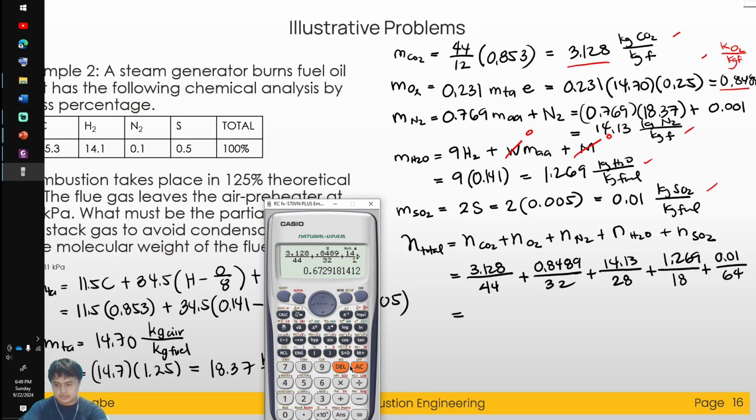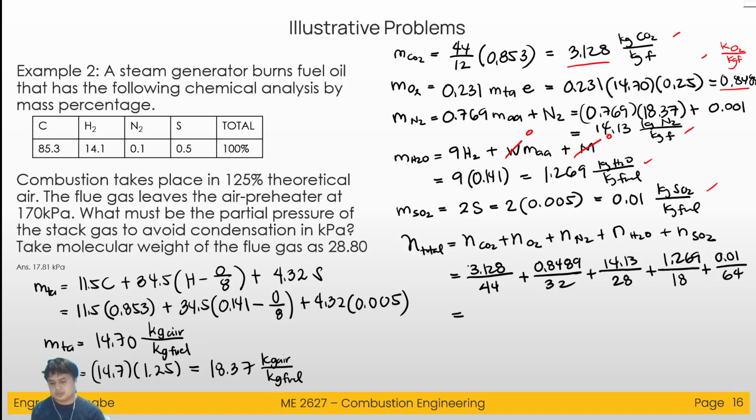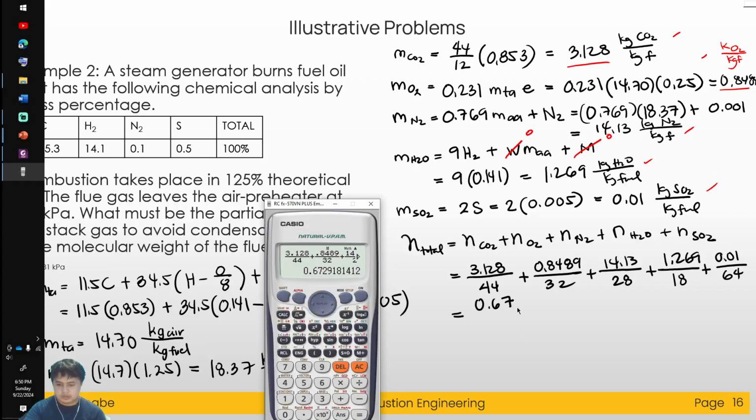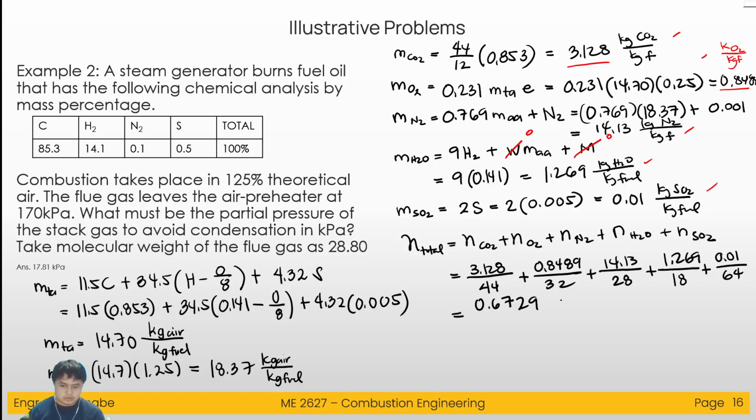So the final answer for the number of kilomoles per kilogram of fuel of the byproducts is 0.6729 kilomole of products, of the flue gas that is wet, per kilogram of fuel.